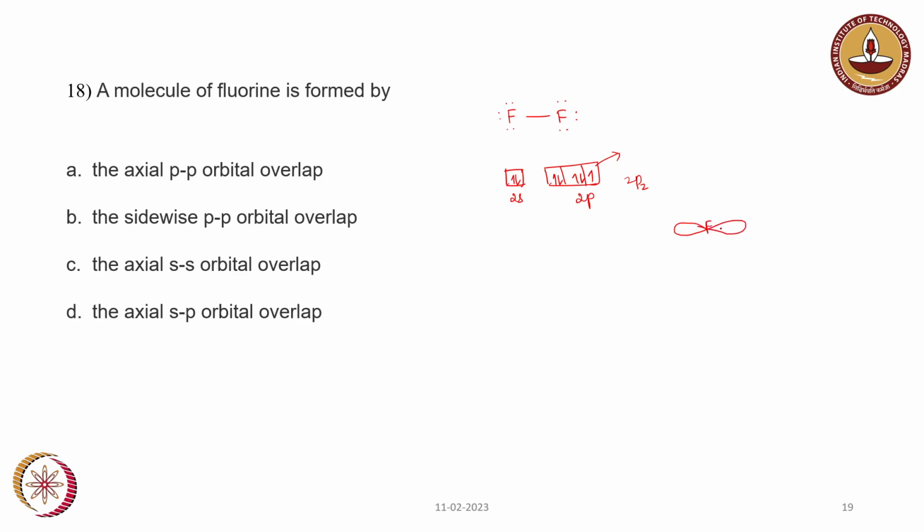So if this is the fluorine 2p set, it will bond with the other orbital of fluorine. So there are 2 electrons in opposite directions. So the 2p sets of fluorine will overlap and form the bond between fluorine and fluorine. So the answer is the axial pp orbital overlap of fluorine.